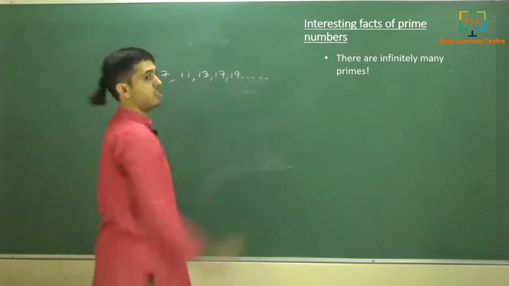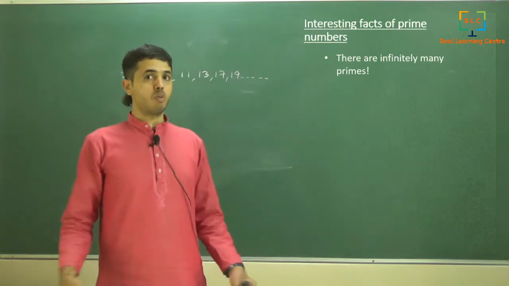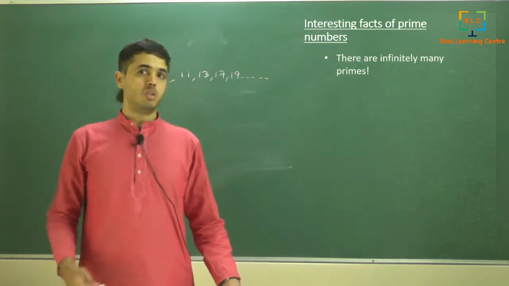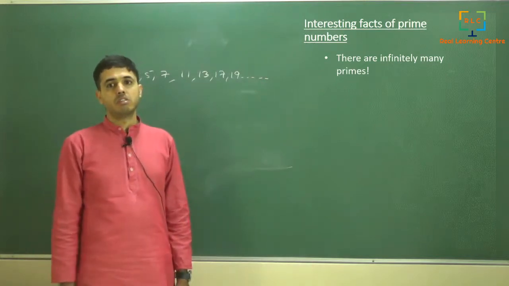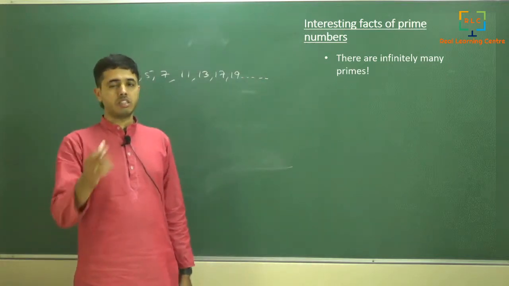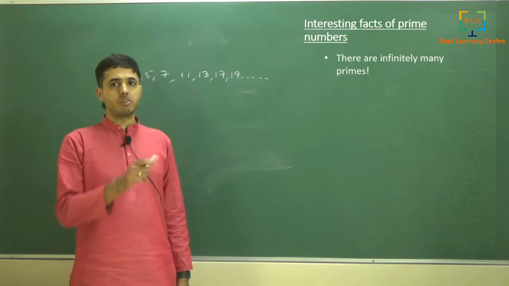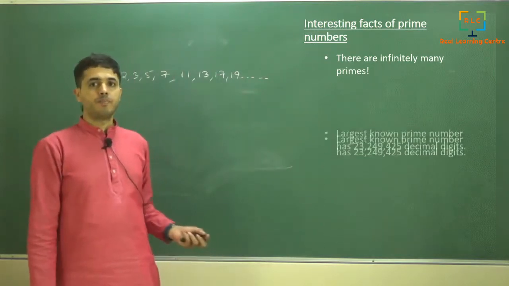Is there any last big prime number, after which there are no more prime numbers? Can you say that? No. There are infinitely many primes. How do you say that? There is a small, interesting proof, which we are going to see in our class today.